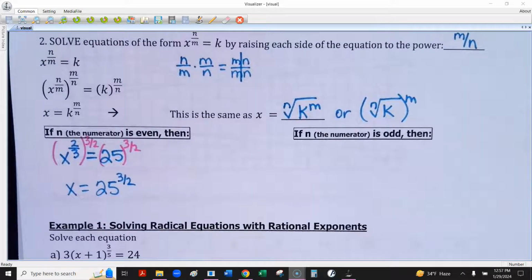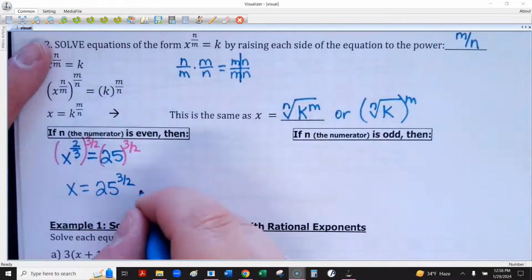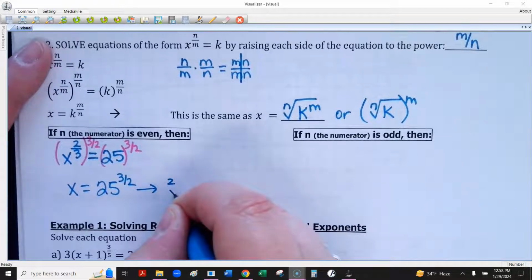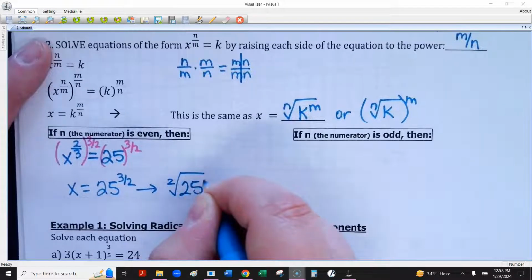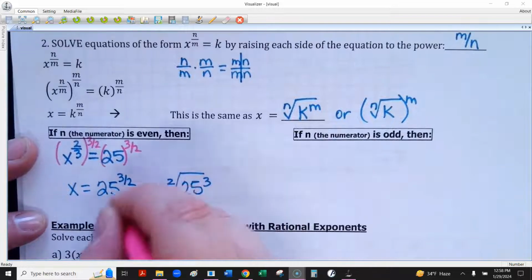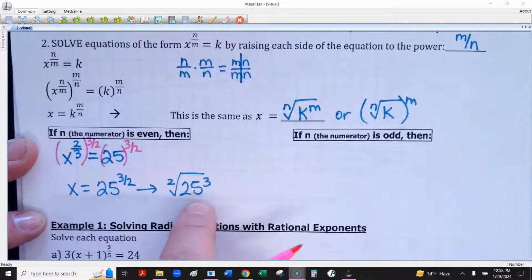Now, if the numerator is even, we've got to think about this for a second. I'm going to change that to radical form. So that would be the square root of 25 to the third. You have to remember, if you do a square root or a fourth root or a sixth root, probably just 2 and 4 for our purposes, I'm introducing this square root into the problem when I take both sides to that power.